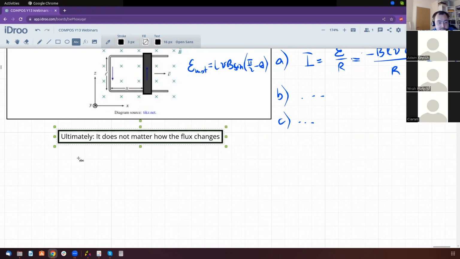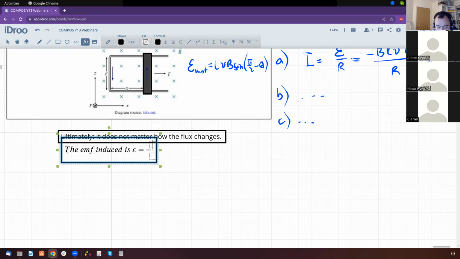Does not matter how the flux changes; the motional EMF, the EMF induced, equals minus d phi by dt.